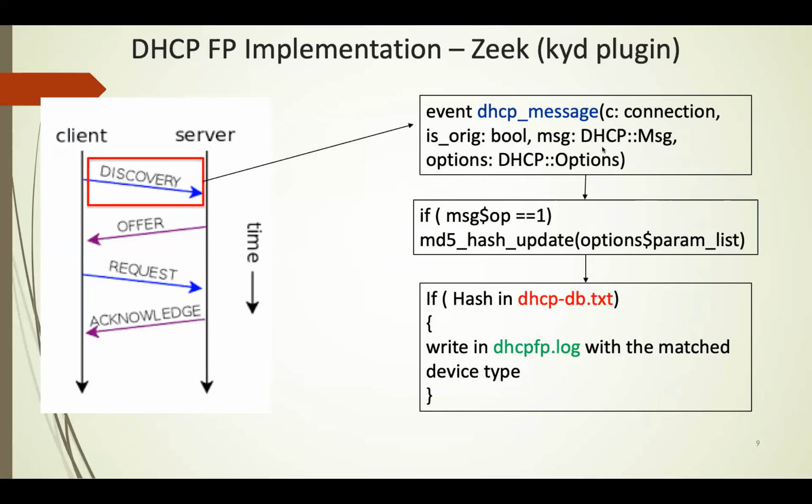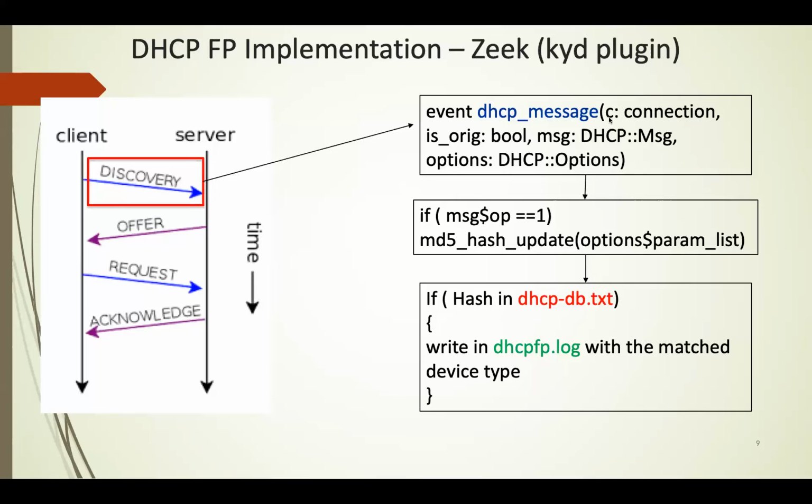This is not just 3 lines of code. I have just highlighted some important things to consider when you are writing a Zeek script, because you need to handle the event that you are looking for. We are looking for dhcp_message, so this is the event we will be using in our script. All the information is passed by Zeek. c is the connection.